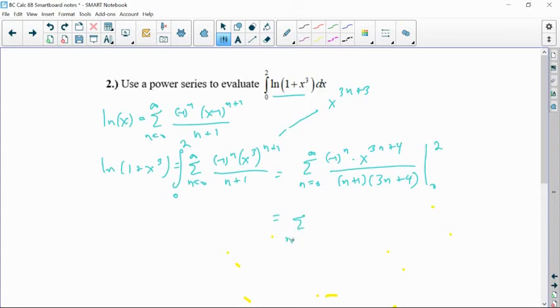The summation n equals 0 to infinity of negative 1 squared times x to the 6 plus 4 is 10 over 3 times, again, 6 plus 4 is 10, or the summation n equals 0 to infinity, negative 1 squared is just negative 1, x to the 10th over 30.